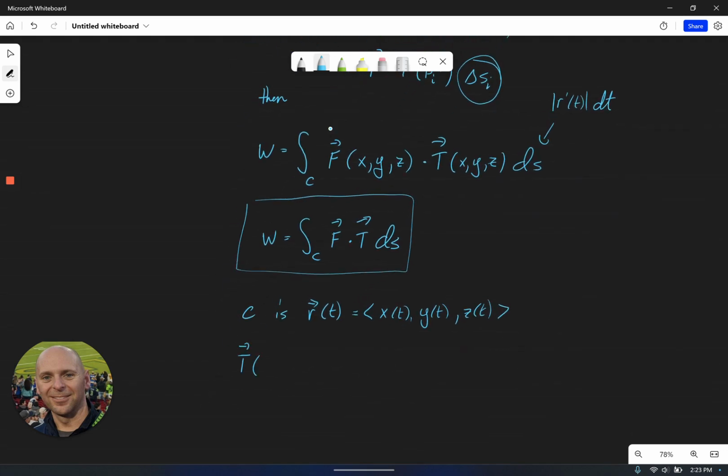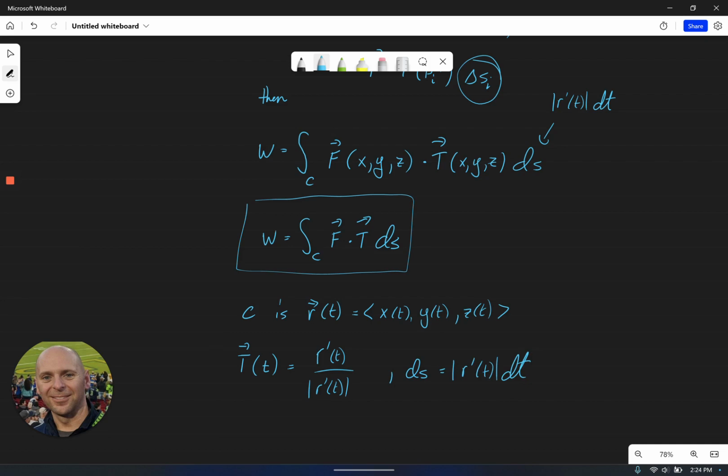The unit tangent T is going to be equal to r prime of t divided by its magnitude. And of course we also know how to compute ds. That is the magnitude of r prime of t dt.